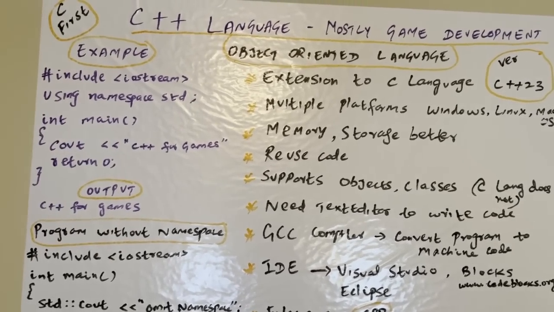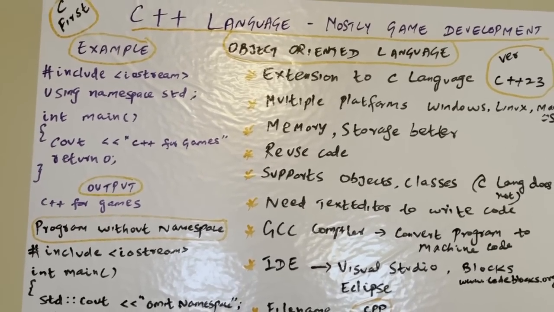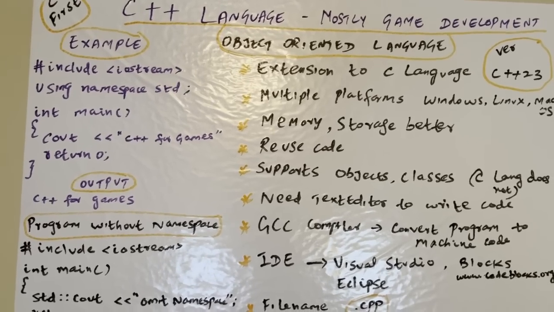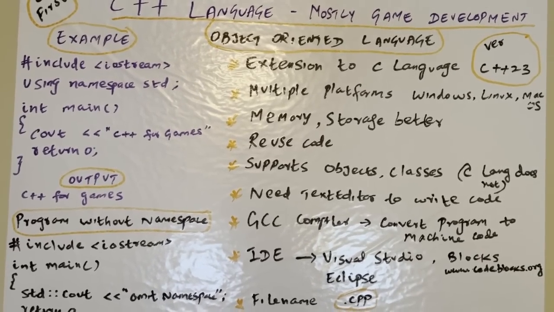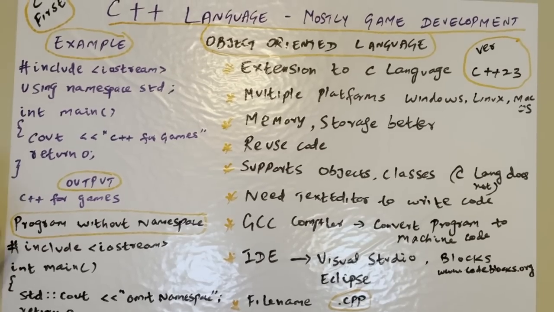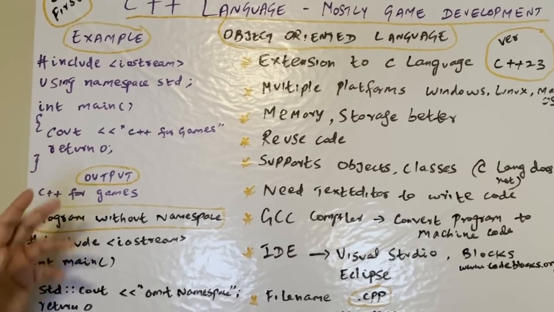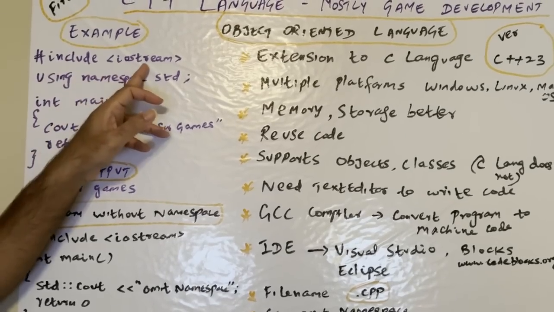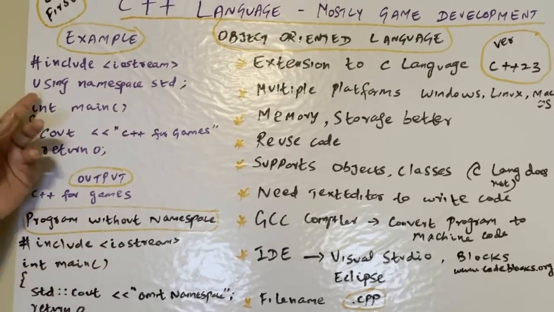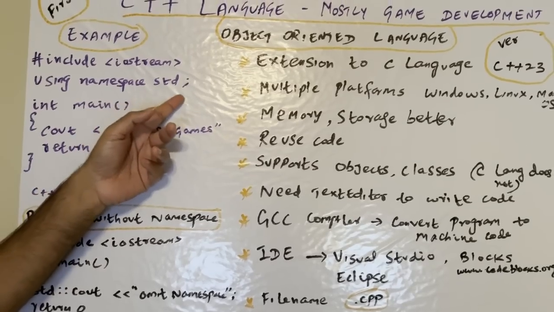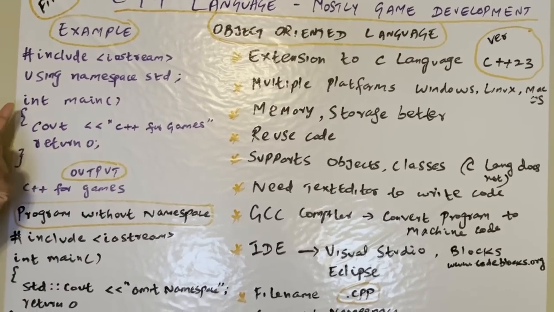In C language we have stdio.h, that is standard input output. That header file will have a ton of function definitions which we'll use in the C program. Likewise, in C++ we have iostream. The name is different. Using namespace std is the syntax.